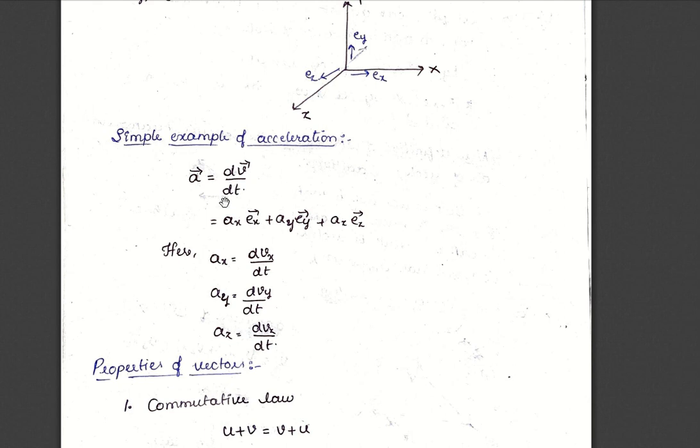Rate of change of velocity with respect to time is acceleration, right? So ax is the rate of change of velocity in x direction with respect to time. ay is the rate of change of velocity in y direction with respect to time. Similarly, az is equal to dvz by dt.